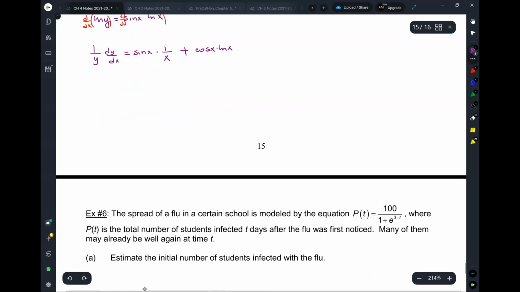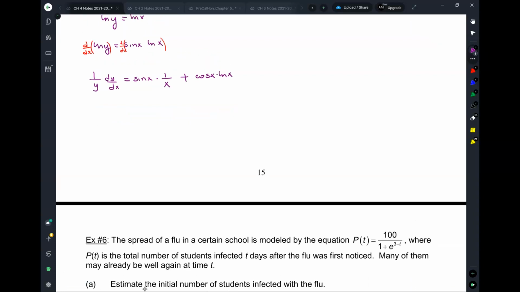Okay. So now there is nothing I can simplify here. What I can do though is multiply both sides by y. So now I have dy dx. But isn't it sine of x? So did you plug in the original y values? Yeah, hang on.